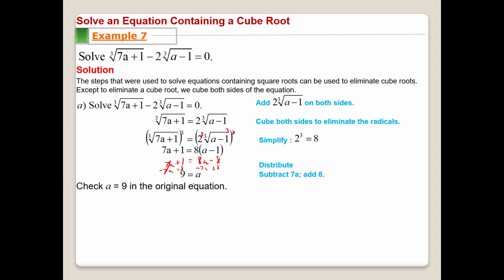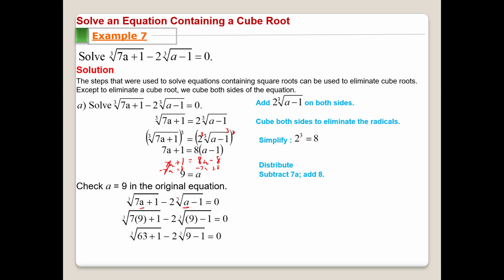Now we need to do our last step, check to see if 9 works in the original equation. There's our original equation. We plug in a 9 for these a values and then simplify. 7 times 9 is 63, and then we have 63 plus 1 inside the first cube root, minus 2 times the cube root of 9 minus 1.